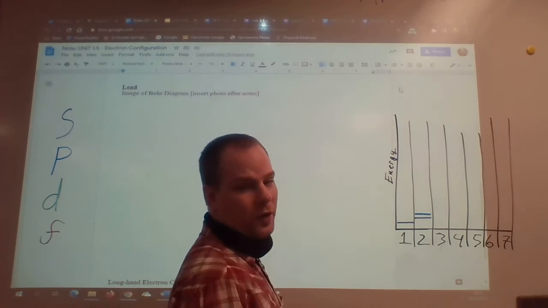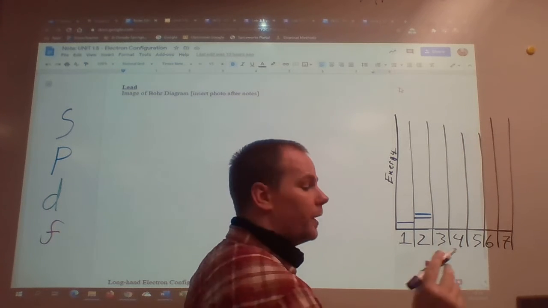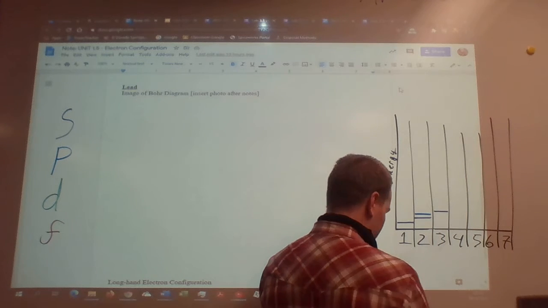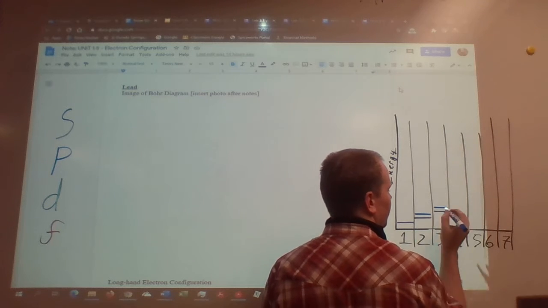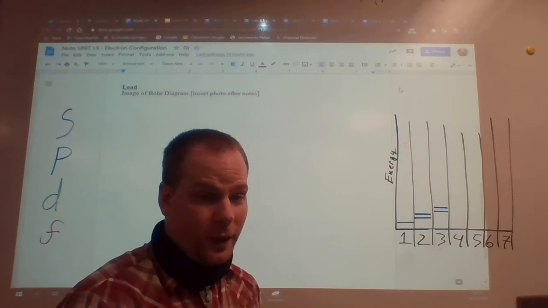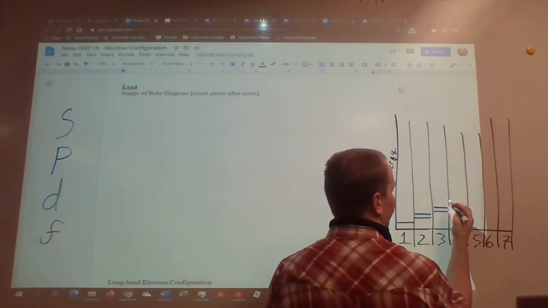Now that takes us to the third energy level. Third energy level, same. It's got an S subshell, then a P subshell. And then, obviously, since this is the third energy level, it has to have the D subshell above that.